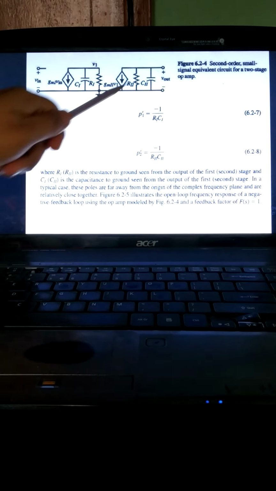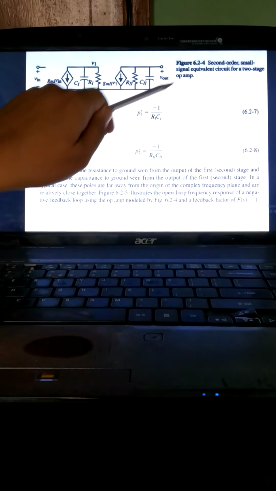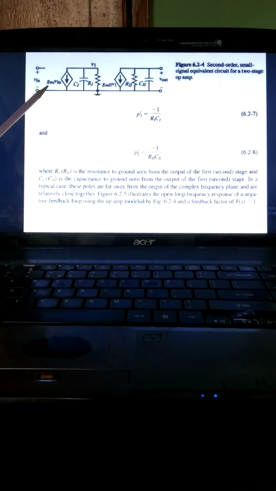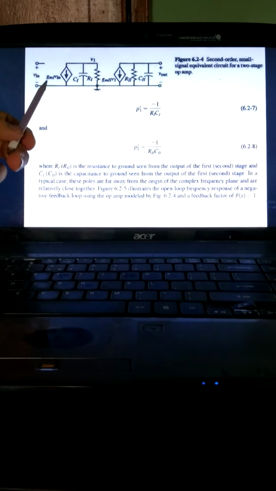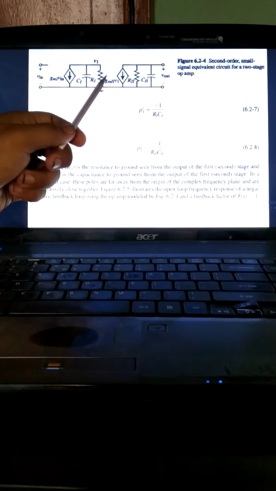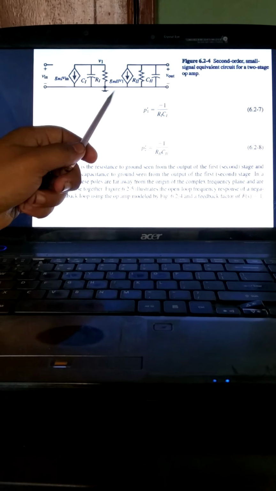Now consider the second order, two-stage op-amp small signal analysis model. This is the first stage, and this one is the second stage. GM1 means first stage transconductance, and GM2 means overall second stage transconductance.